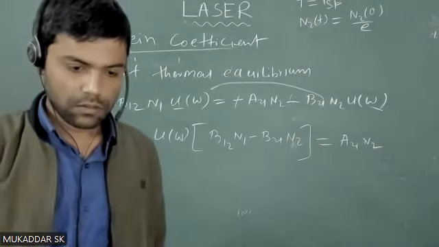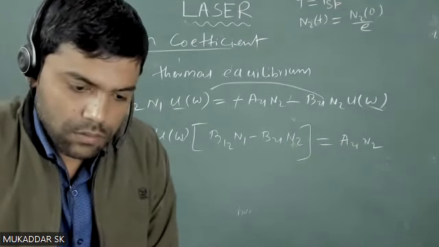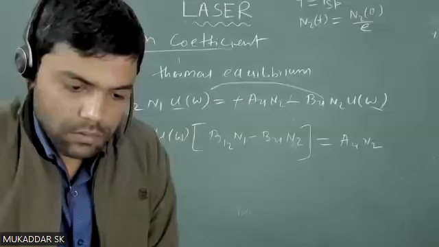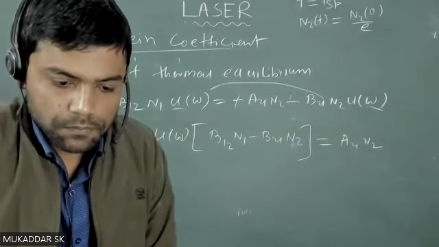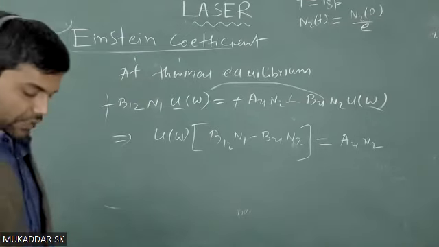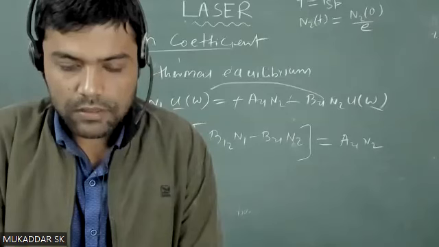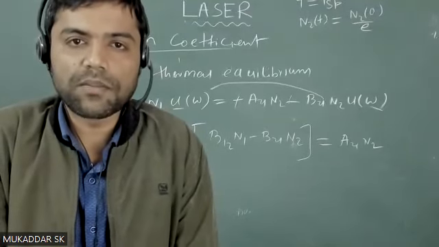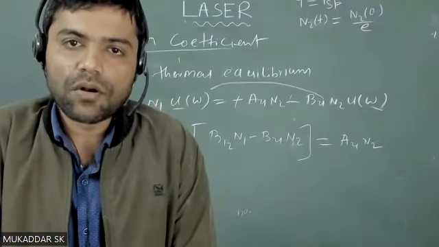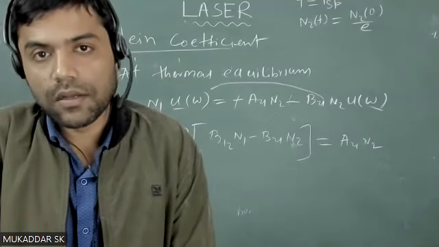Sir, in stimulated absorption and stimulated emission, we have multiplied by U of omega. What is the reason for it? Because this stimulated absorption is happening because of the incoming photon, right? The more photons there are in your system, the more stimulated emission and stimulated absorption there will be.